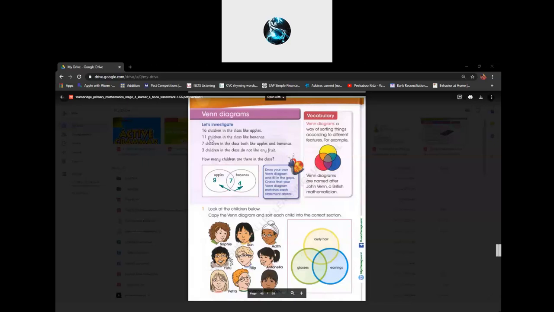And 16 people liked apples, but in that 16 people they also included the 7 children, because the 7 children like apples and bananas, so they like apples. Well, that means then 16 children like apples and 7 children in the class both like apples and bananas. So we have to do 16 plus 7.